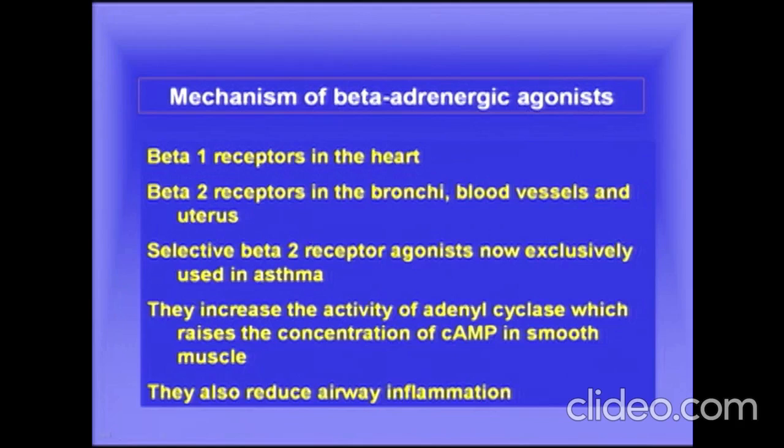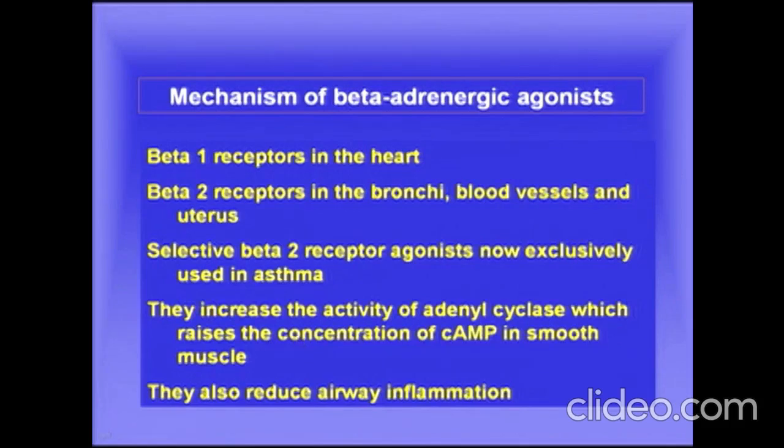There are quite a number of those available, and they have the advantage of just stimulating the beta-2 receptors, and the beta-1 receptors not affected or very little. The stimulation of the beta-2 receptors increases the activity of adenyl cyclase, which raises the concentration of cyclic AMP in smooth muscle.